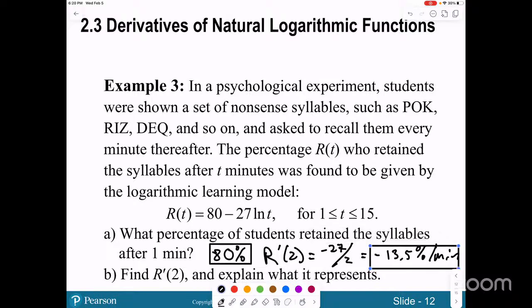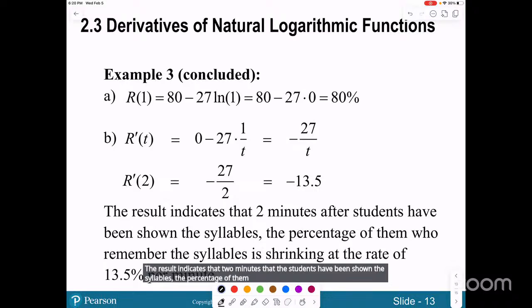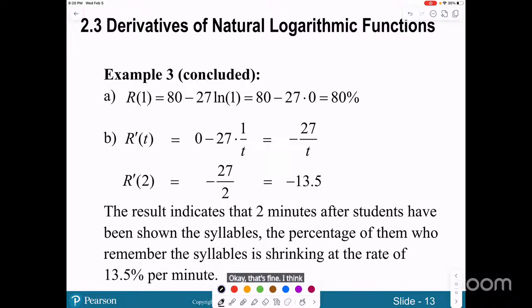So 80% and negative 13.5. The result indicates that 2 minutes after the students have been shown the syllables, the percentage of them who remember the syllables is shrinking at a rate of 13.5% per minute. Okay, I think what we said was a little different, but it was close enough.